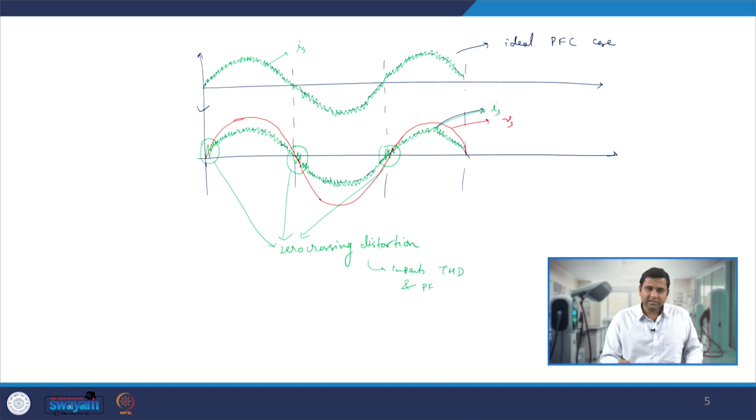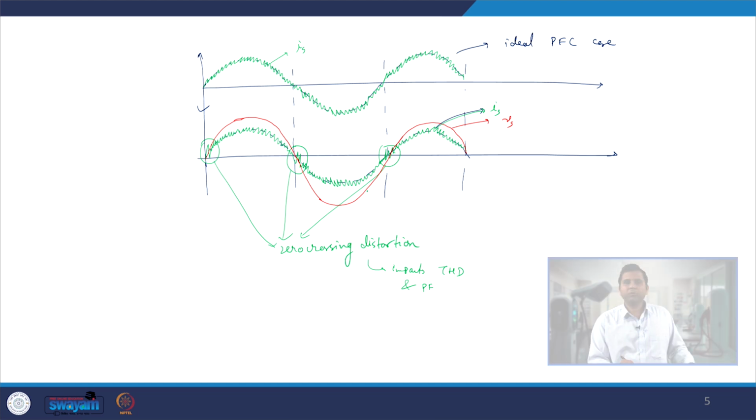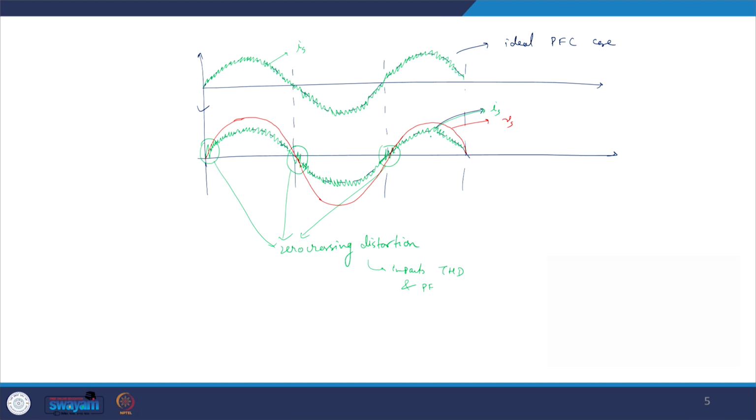So that is why we will see the positive and negative spikes for some switching cycles near the zero crossing of the line voltage, which is why this zero crossing distortion is one of the problems in the case of totem pole PFC, especially if the output power requirement is very low.